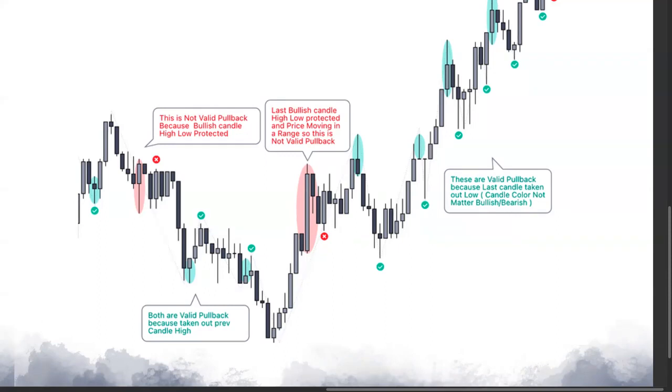You can annotate here, let me enable this one. Okay, so now you can annotate here.